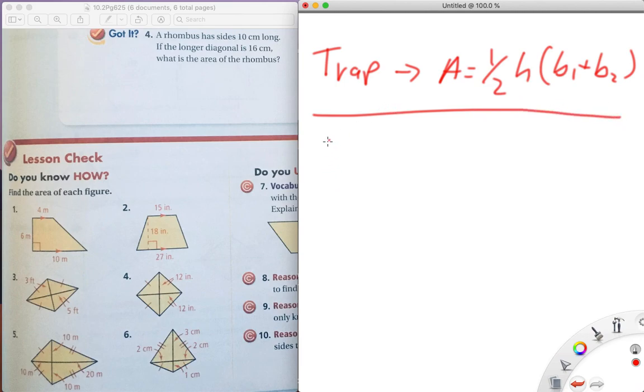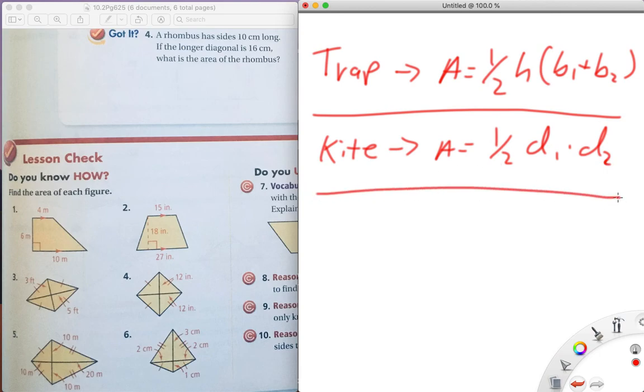Your area of your kite is 1/2 diagonal 1 times diagonal 2, and then your area of your rhombus is also equal to 1/2 diagonal 1 times diagonal 2. So those are your equations for chapter 10 section 2.